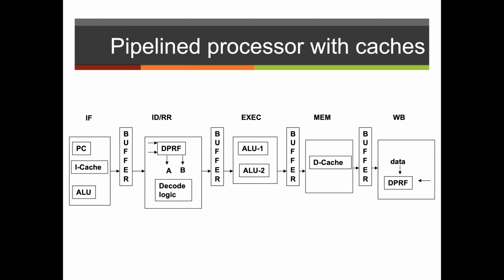In this lesson, we're going to focus our attention on understanding the repercussions that our cache design has on our pipeline processor design. When we take a look at our pipeline, we see that in the instruction fetch and memory stages we have now incorporated caches.